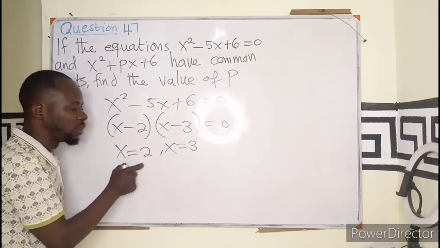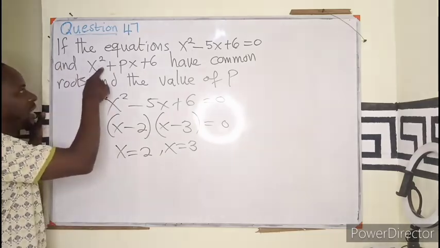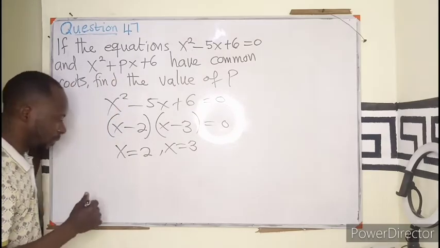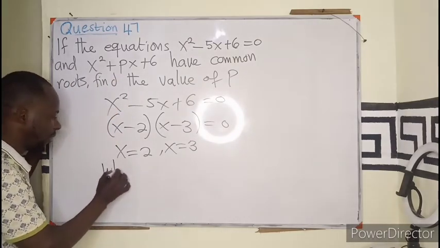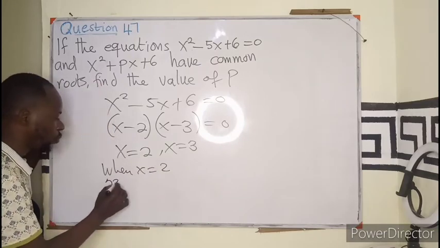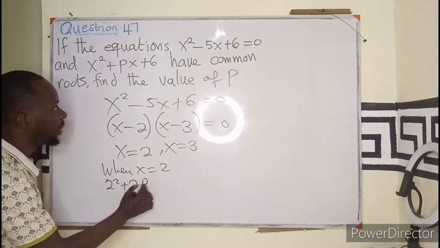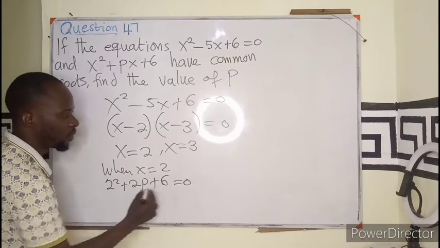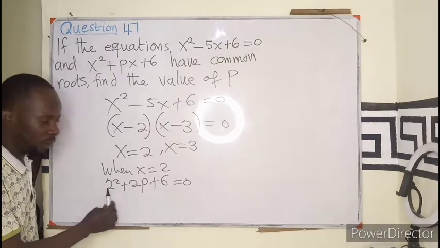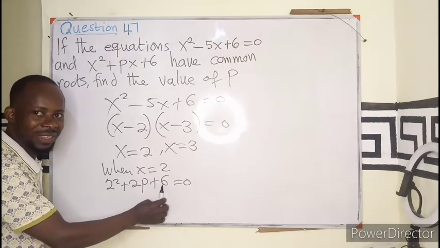So we are going to substitute this into our second equation to see what the value of p will be. So when x equals 2, we have 2 squared plus 2p plus 6 equals 0. So in this case, we are going to get 4. 4 plus 6 will be 10.